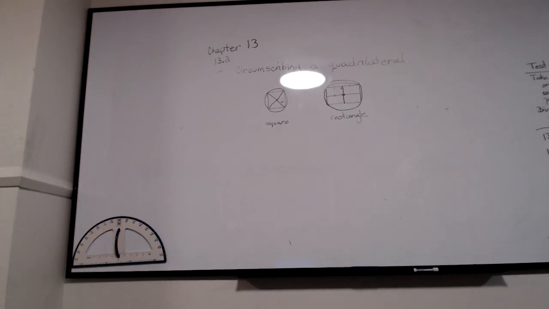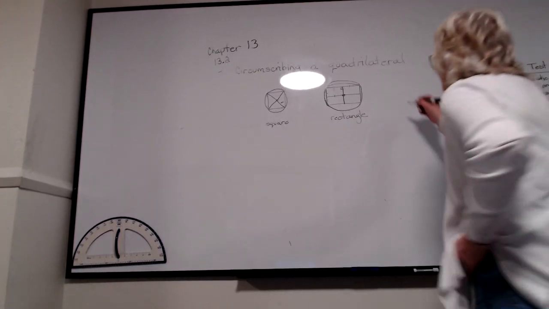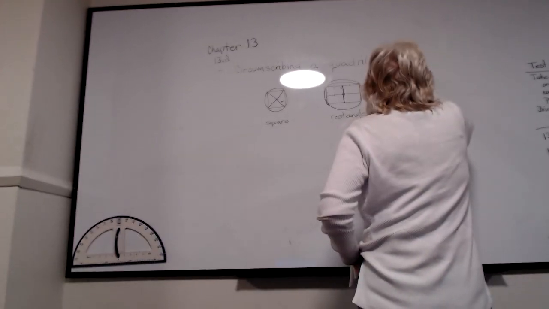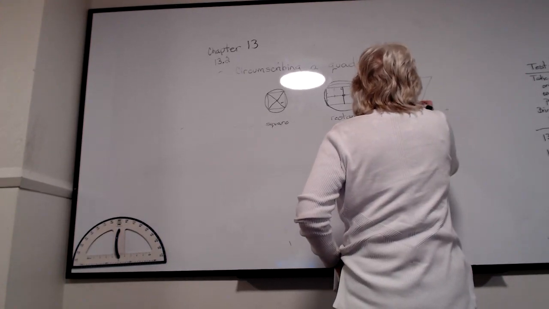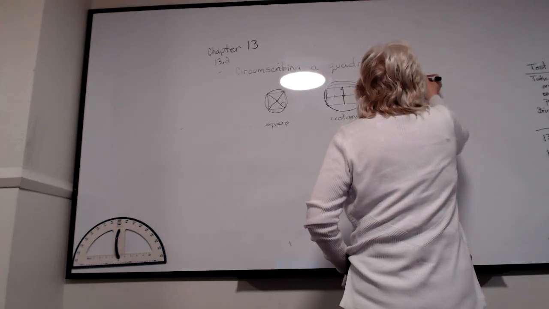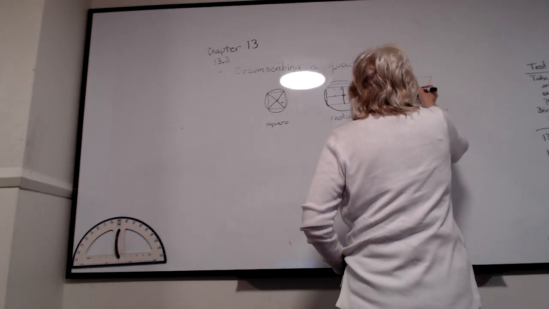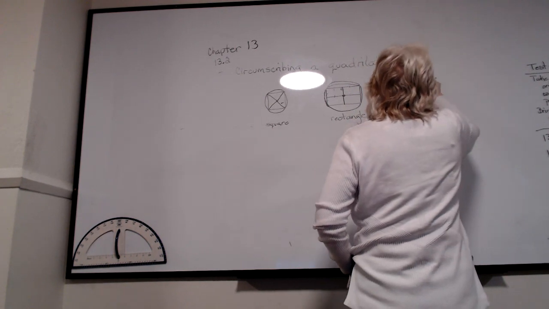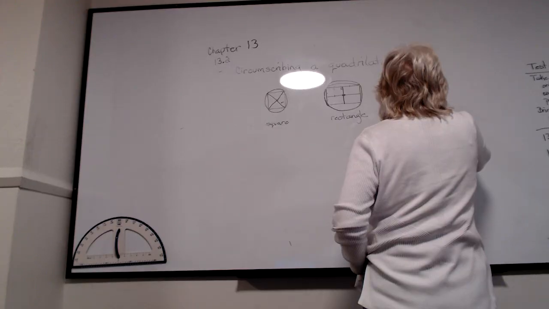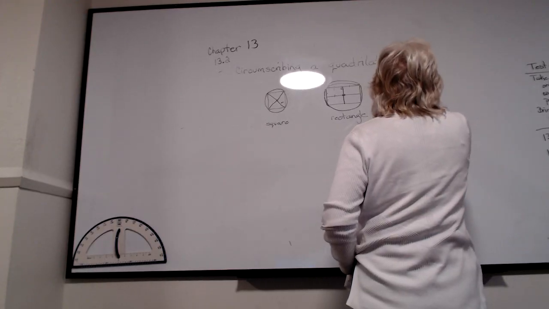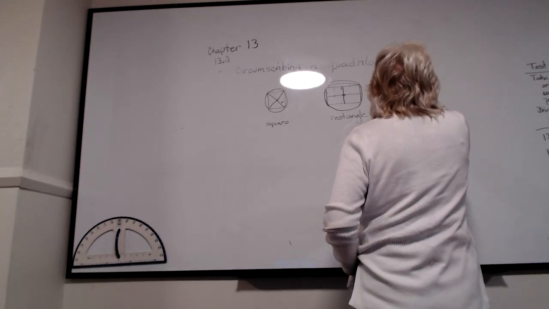So let's look at a parallelogram. And this is where it gets tricky. If I want the perpendicular bisector of this, that's not perpendicular. Perpendicular would come down here of that one, perpendicular of this one.